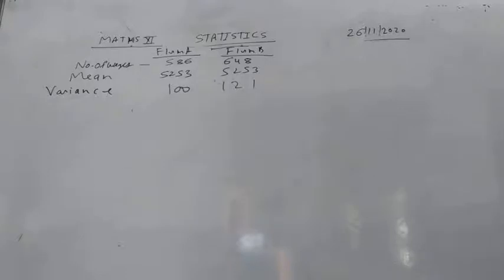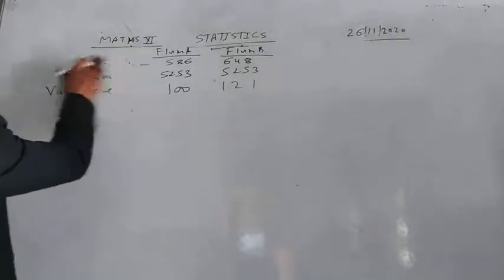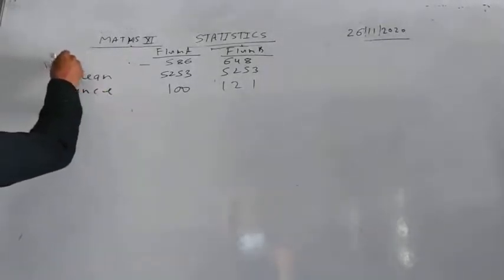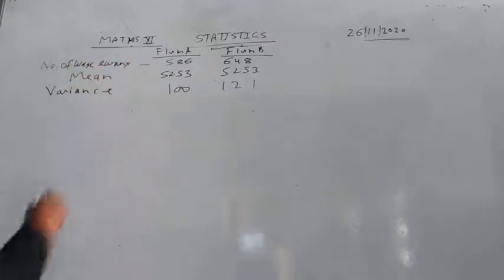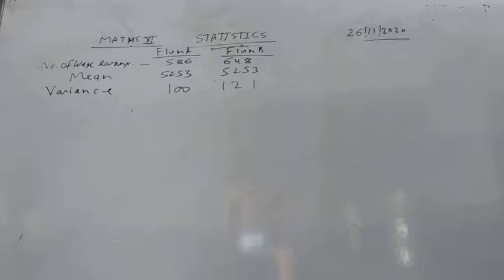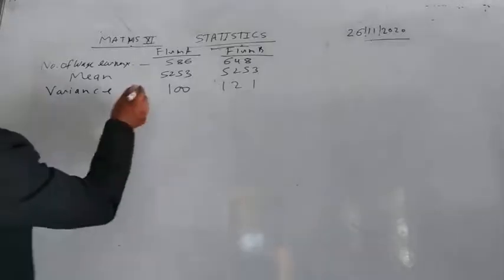So for firm A, the number of wage earners is given, and the mean of monthly wages is given. Now what will the amount paid by firm A be?